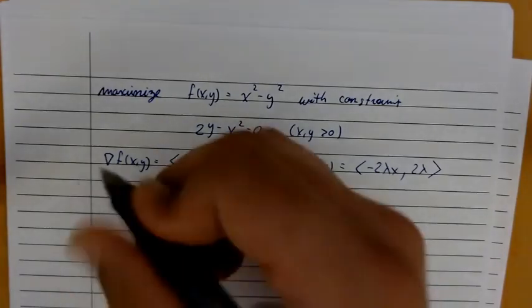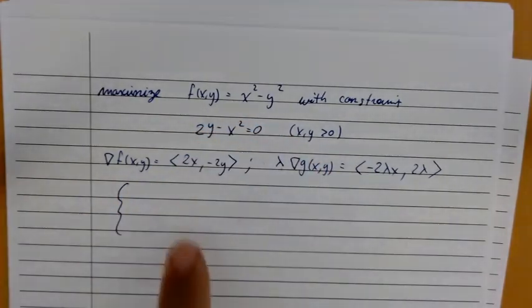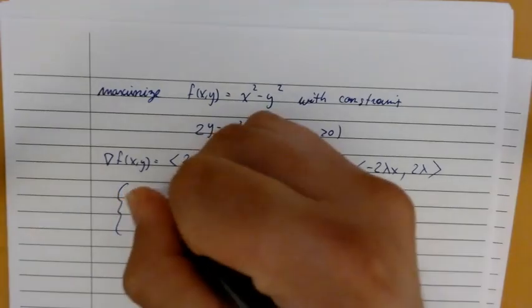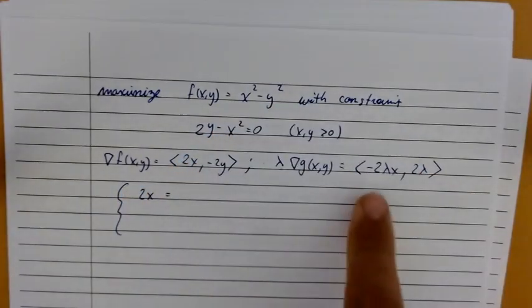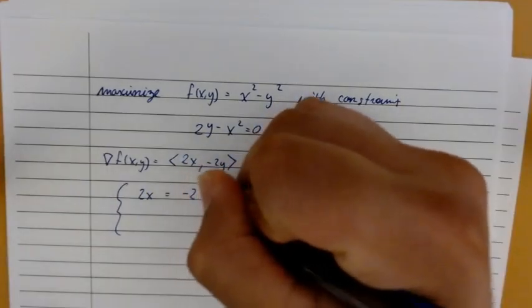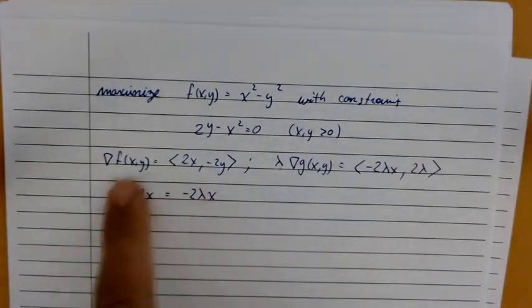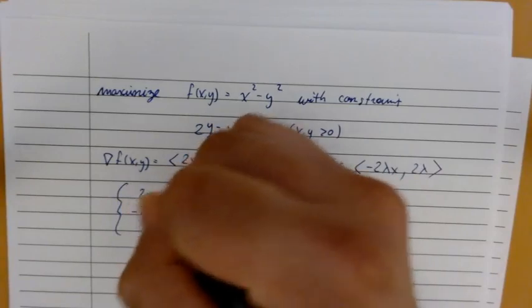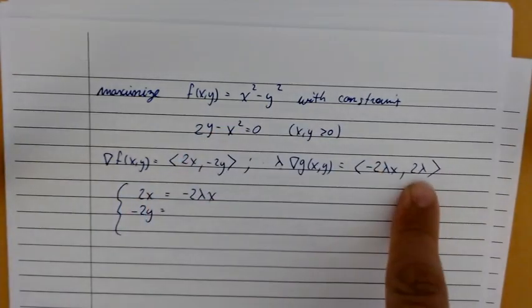So now we want to solve the following system of equations. We want the partial of f with respect to x to equal lambda times the partial of g with respect to x. We want f sub y to equal lambda g sub y.